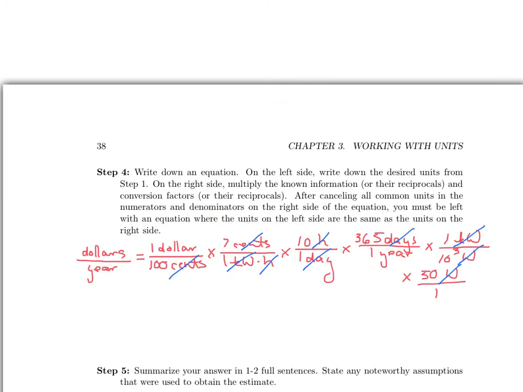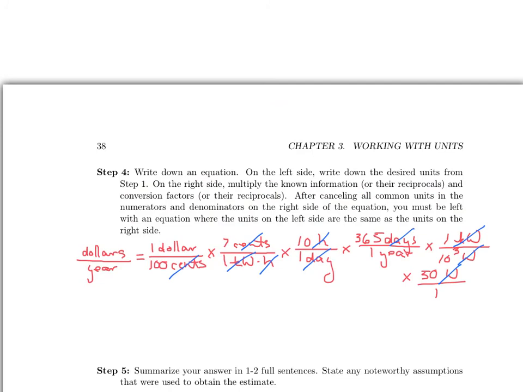Now, to work out our estimate, we have to multiply the numerators together and then divide by the product in the denominator. So we'll have to multiply the 100, the 1, the 1, the 1, the 1,000, and the 1.